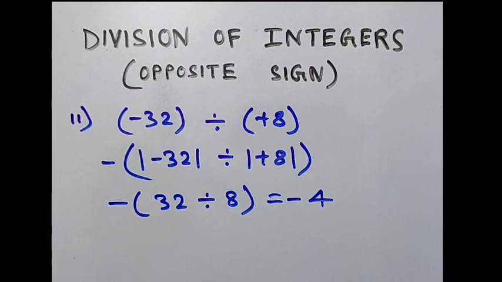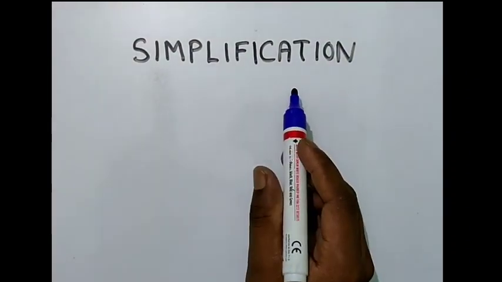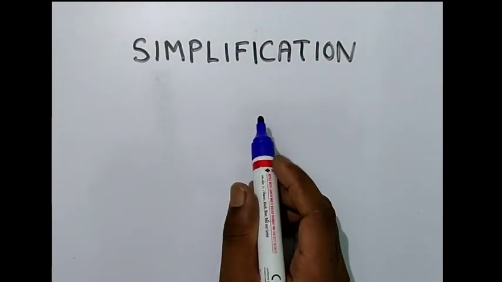Now before I conclude, let me tell you something about simplification of integers. For simplification, we'll also apply the BODMAS rule that we know.